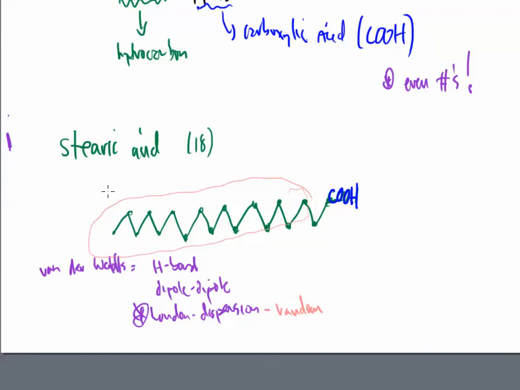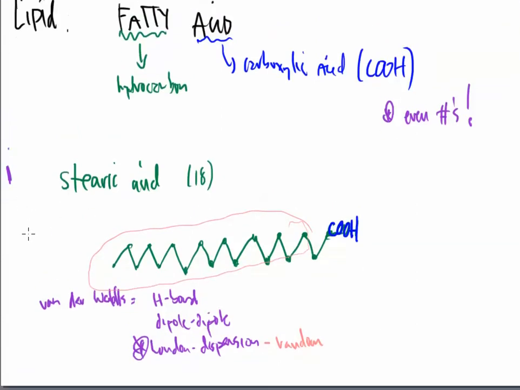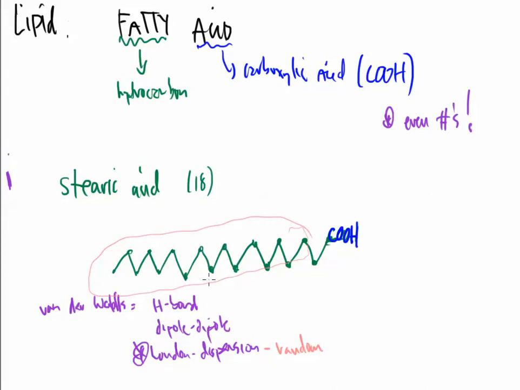They basically have no polarity associated with them. It's all carbon and hydrogen. It's nonpolar in nature. So nonpolar basically means no hydrogen bonding can happen in this area. It also means no dipole-dipole because this requires charges, and we don't really have charges here.